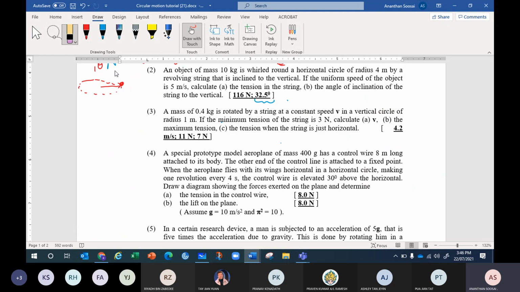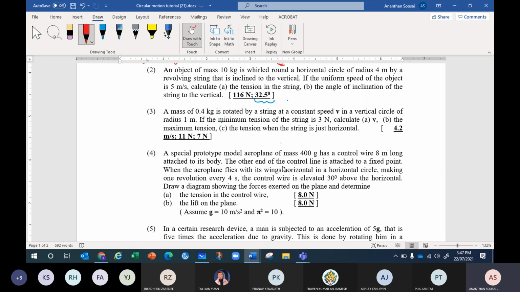Number 4. A special prototype model aeroplane. Okay. 1 minute for you to read. Try to understand the question first. Maybe I can draw for you. A special prototype model aeroplane of mass 400 gram has a control wire of 8 meter long attached to its body.